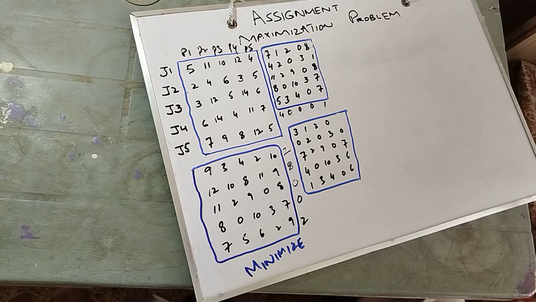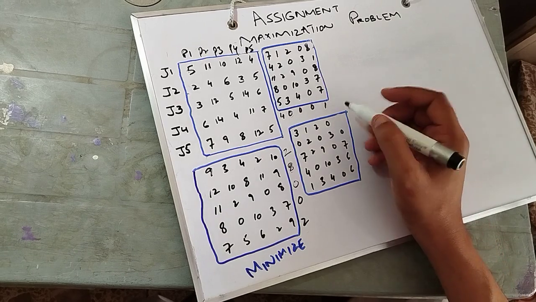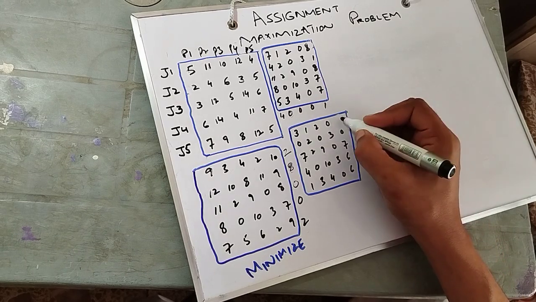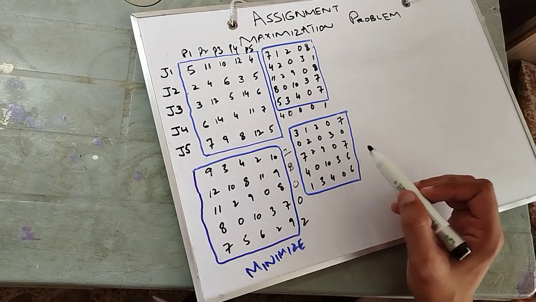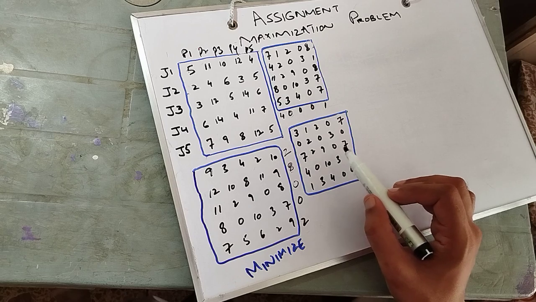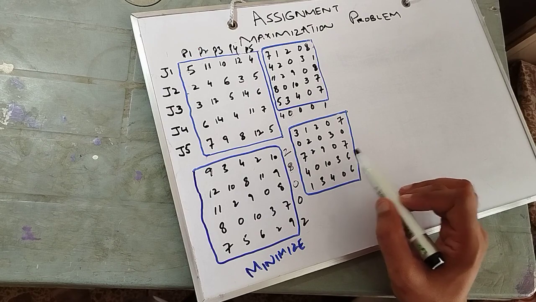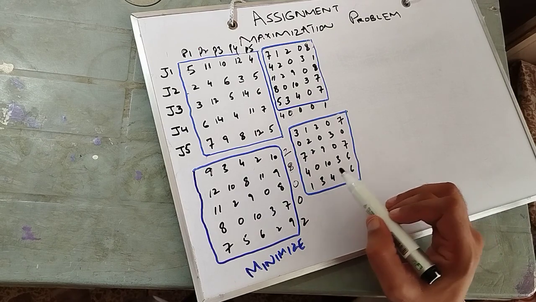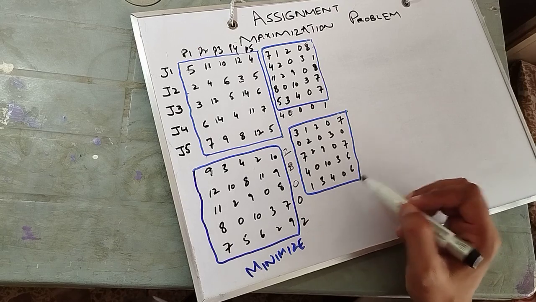Okay, 3, 1, 2, 0, 0 and 7. This 7, 0, 2, 0, 2, 0, 3, 0, 7, 2, 9, 0, 7, 4, 0, 10, 3, 6 and 1, 3, 4, 0, 6.